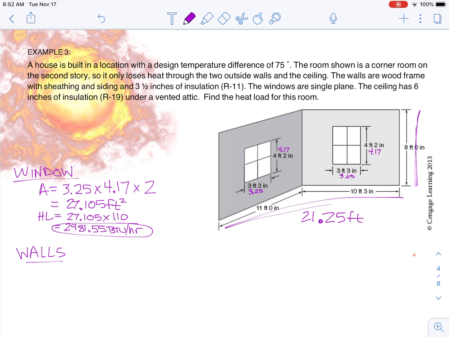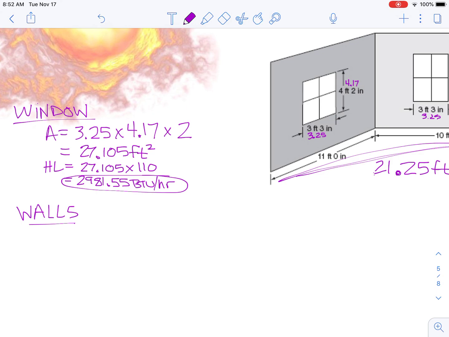So if we were going to find the area of both of the walls together, we would take 21.25 and multiply it by 8. So we get 170 feet squared.